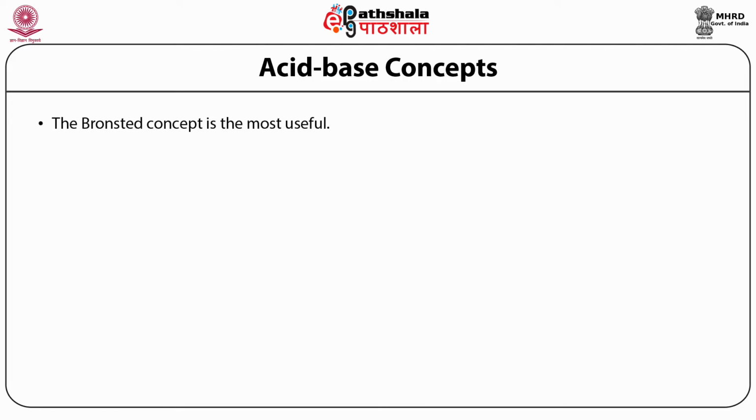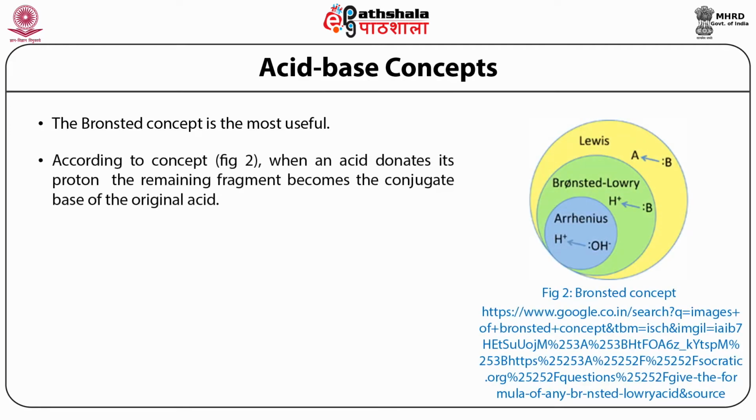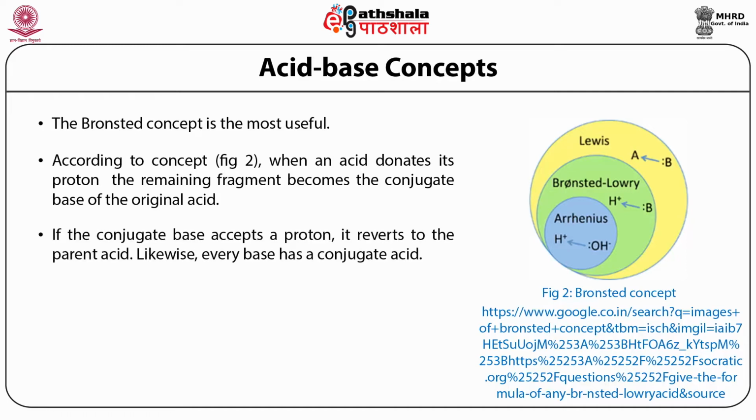For most purposes, the Bronsted concept, as shown in Figure 2, is the most useful. In this model, when an acid donates its proton, the remaining fragment becomes the conjugate base of the original acid. If the conjugate base accepts the proton, it reverts to the parent acid. Likewise, every base has a conjugate acid.